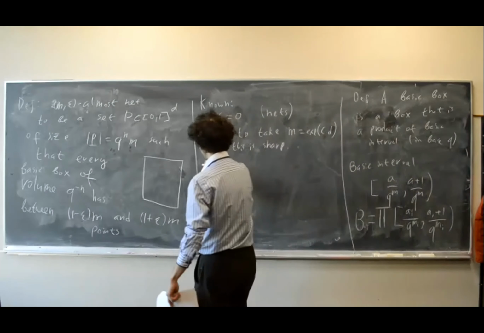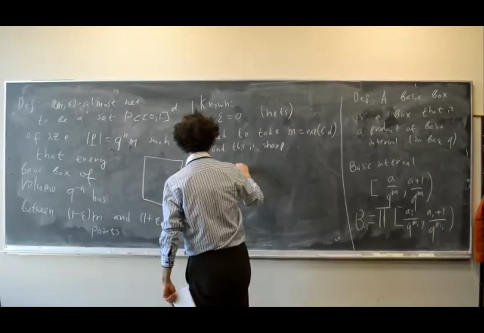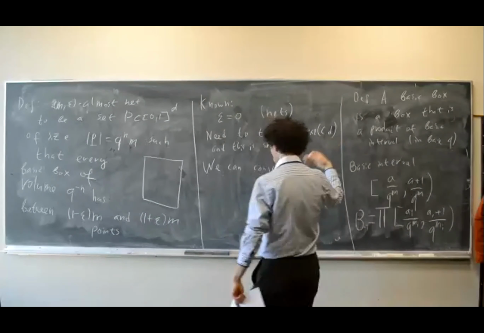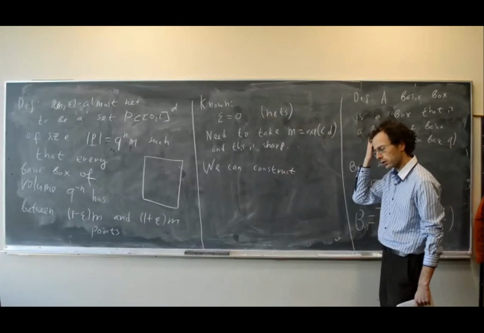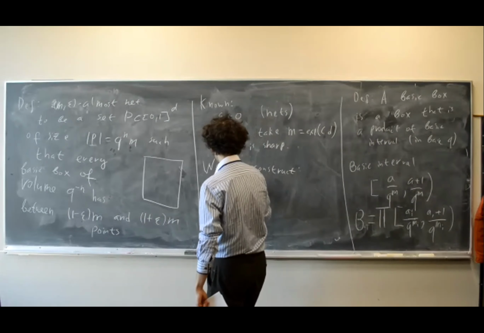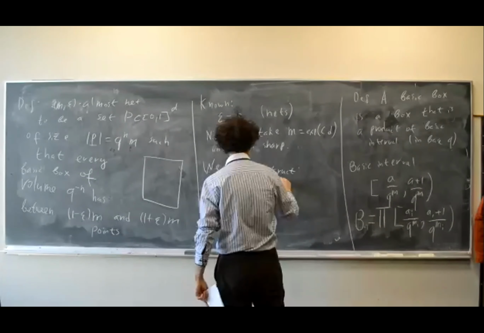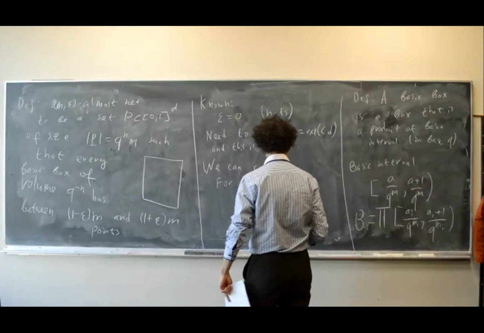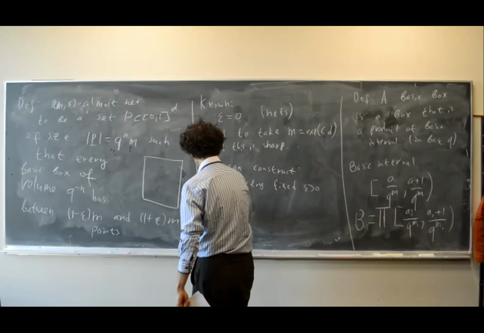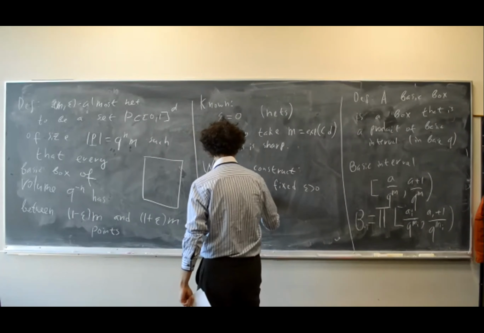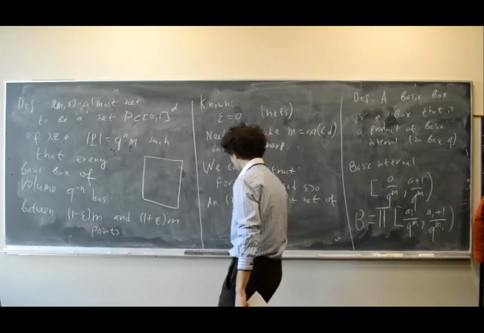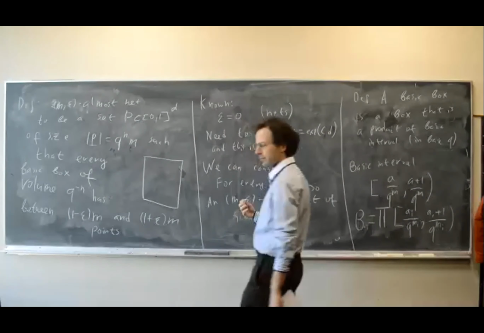So what we can construct, using similar ideas to the Gaussian construction for these sets of low dispersion, for every fixed positive epsilon, is an epsilon-net of polynomial size.